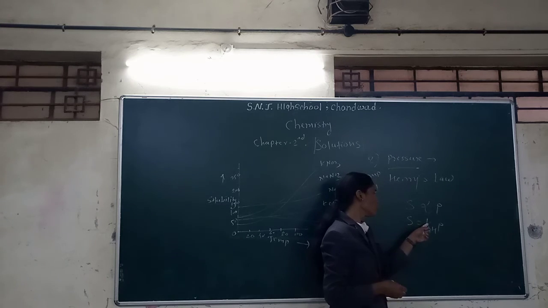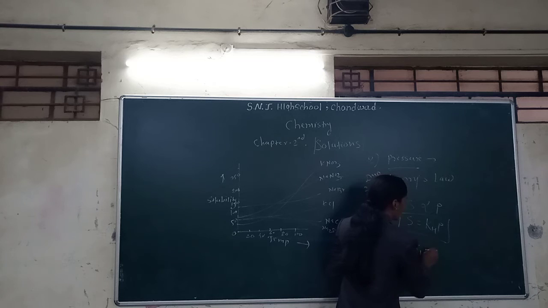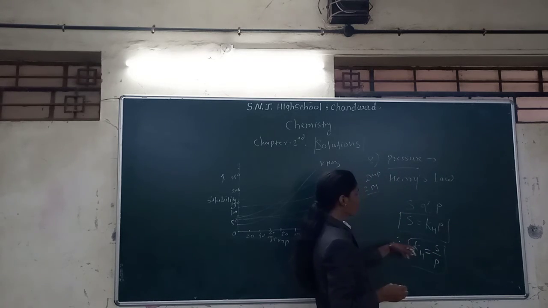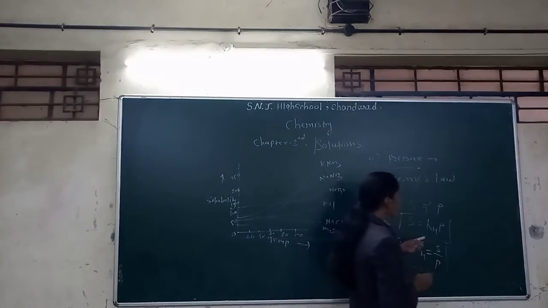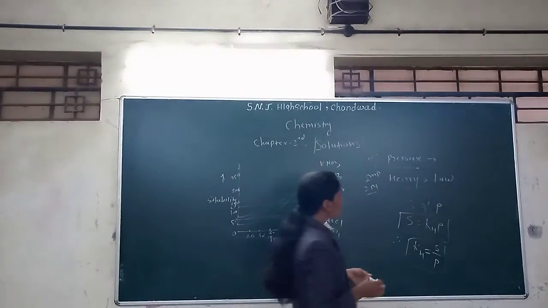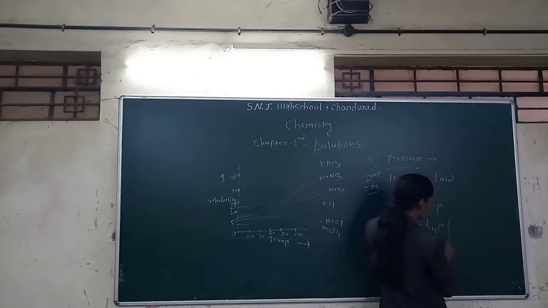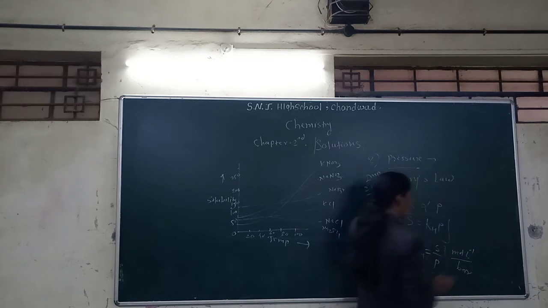Therefore, S is equal to KH into P, and KH is equal to S upon P. The unit of S is mole per liter and the unit of pressure is bar.